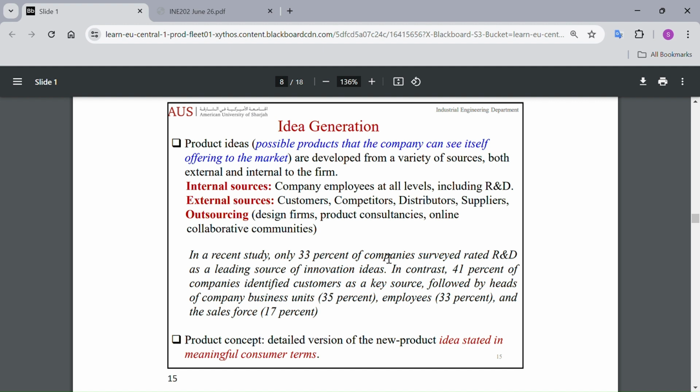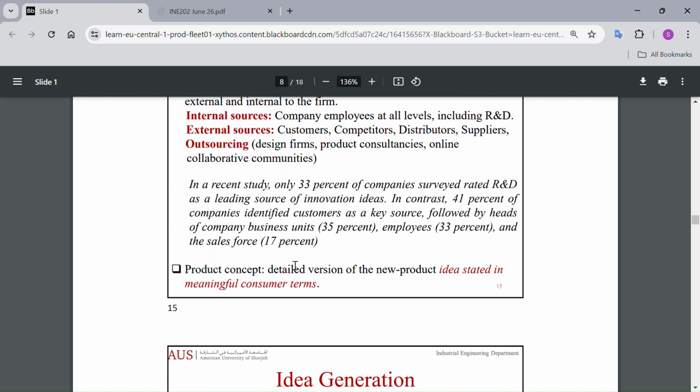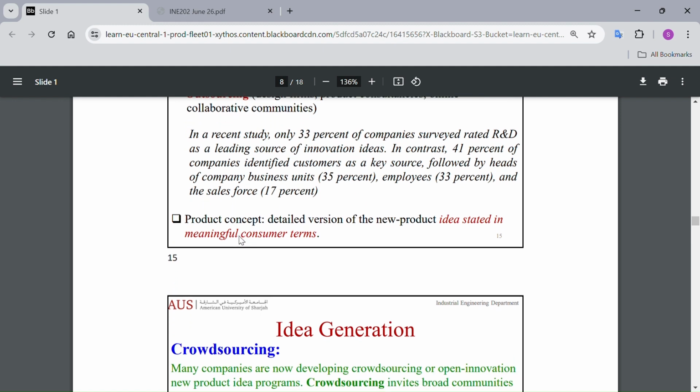Maybe they might be interested in the product, they might not be. But if we reach out to the customers who are interested in the product, then we can know exactly what they want. Then it's followed by heads of the company business units, then employees at 33%, and the sales force at 14%. Salespeople know a lot about products, so they should know better.